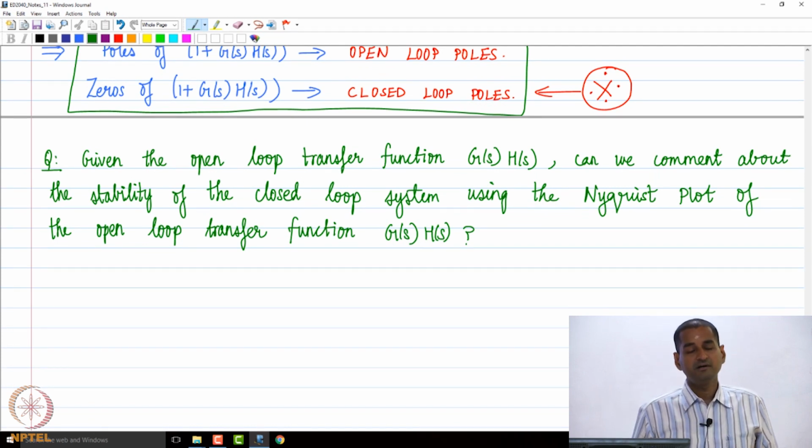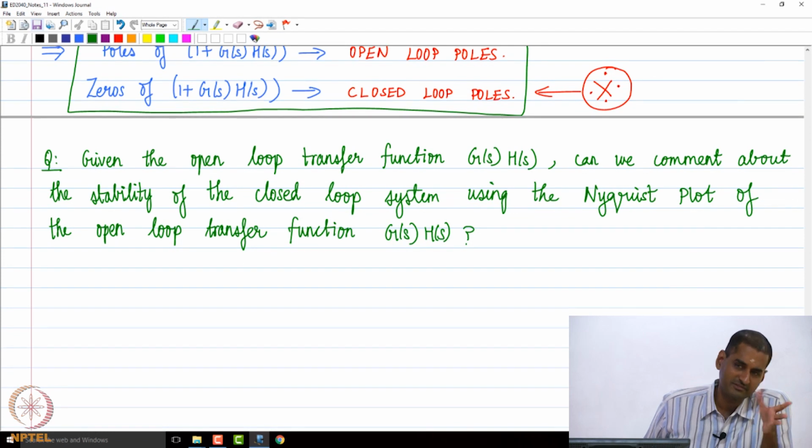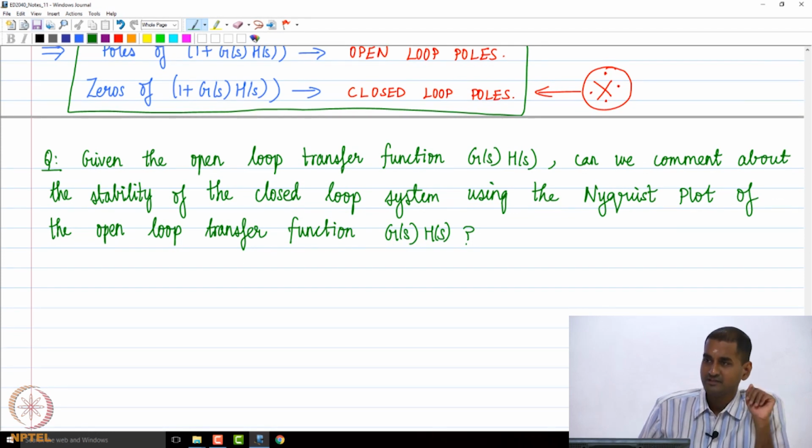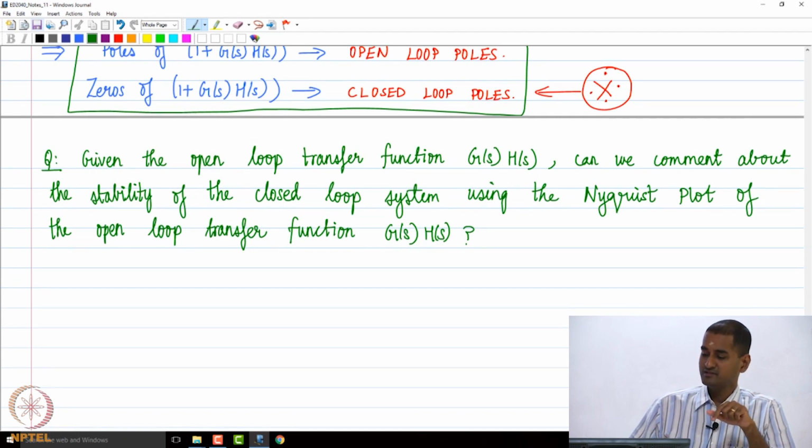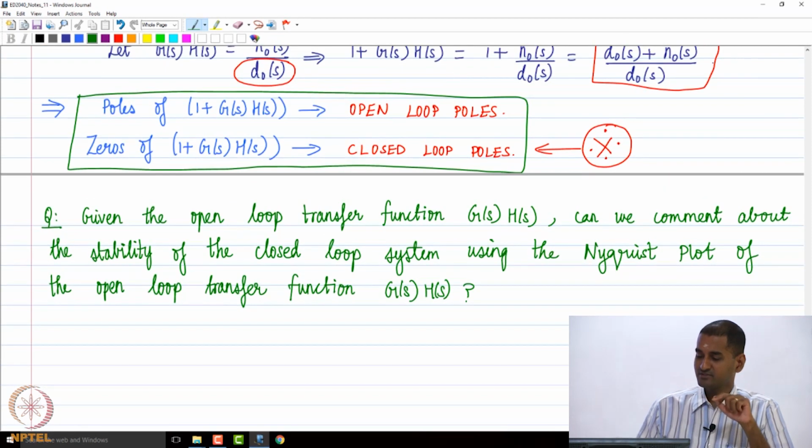Let me repeat the question. You are given the open loop transfer function G of s H of s, so we know the open loop poles. Open loop poles are nothing but the poles of 1 plus G of s H of s, as we see in the green box, please remember that.